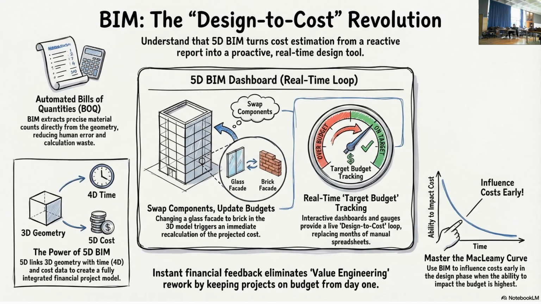So we have this target budget gauge. This is of course symbolic, but you can see what changes when you change things, so that as a result you make sure that decisions are made properly. This is from the McLeamy curve. Don't forget the McLeamy curve, the curve at the bottom right here.